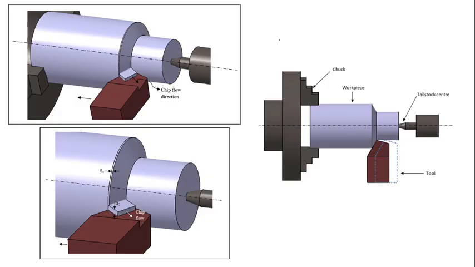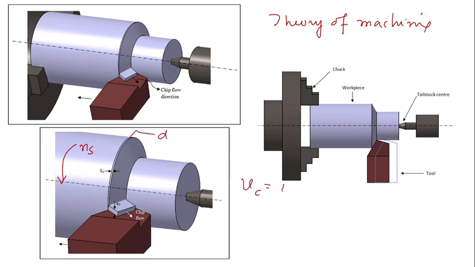Now you have already learnt about the mechanism of chip formation in theory of machining, so I am not going to talk much about it. This is the job which is rotating in this direction with a rotational speed of n. The diameter is d, so cutting velocity would be pi d n by 1000 in appropriate units. If you put it in appropriate units, it will come out in meter per minute.